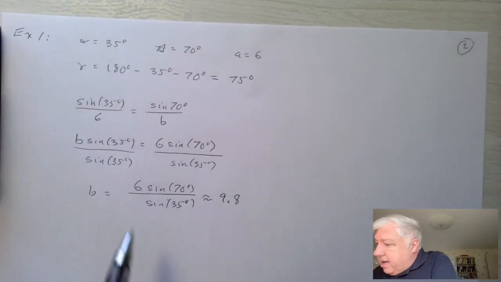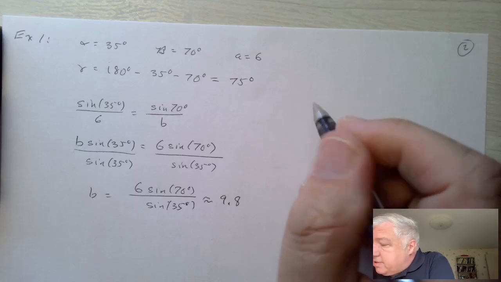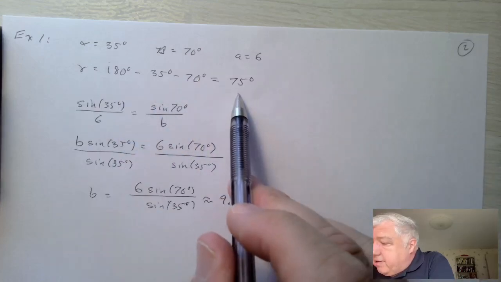Let's find the other side, C. Similarly, C is opposite gamma, which we know is 75.